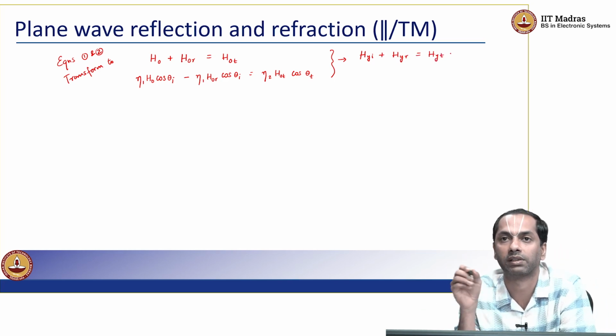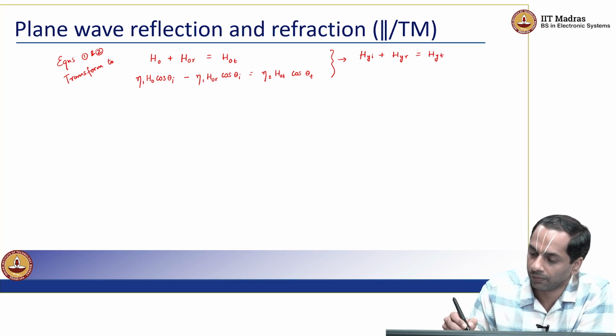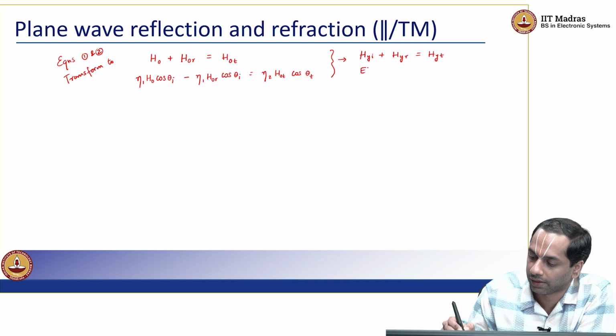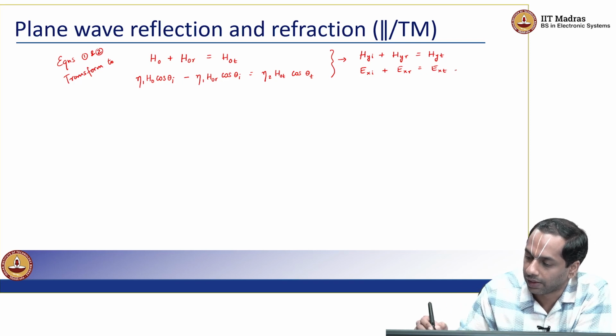So, I can write the first equation as Hyi plus Hyr is equal to Hyt, and the second one is essentially looking at the x component, if you remember. So, Exi plus Exr is equal to Ext.